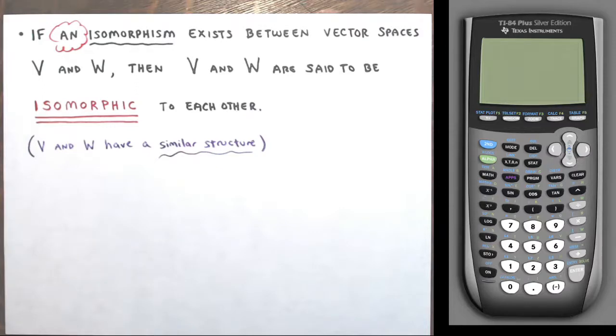Later I'll give you the conditions that show for certain whether or not two spaces are isomorphic, and it's really about their dimension. You saw that P2 and R3 both have dimension 3. And we're going to see later that only vector spaces with the same dimension will be isomorphic.